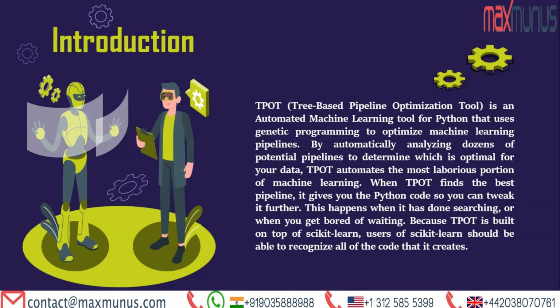When TPOT finds the best pipeline, it gives you the Python code so you can tweak it further. This happens when it has done searching or when you get bored of waiting. Because TPOT is built on top of scikit-learn, users of scikit-learn should be able to recognize all the code that it creates.